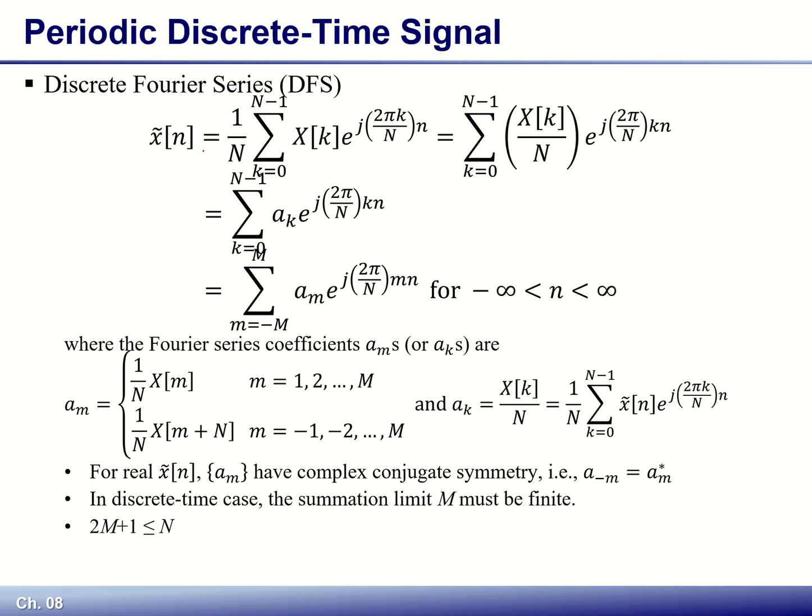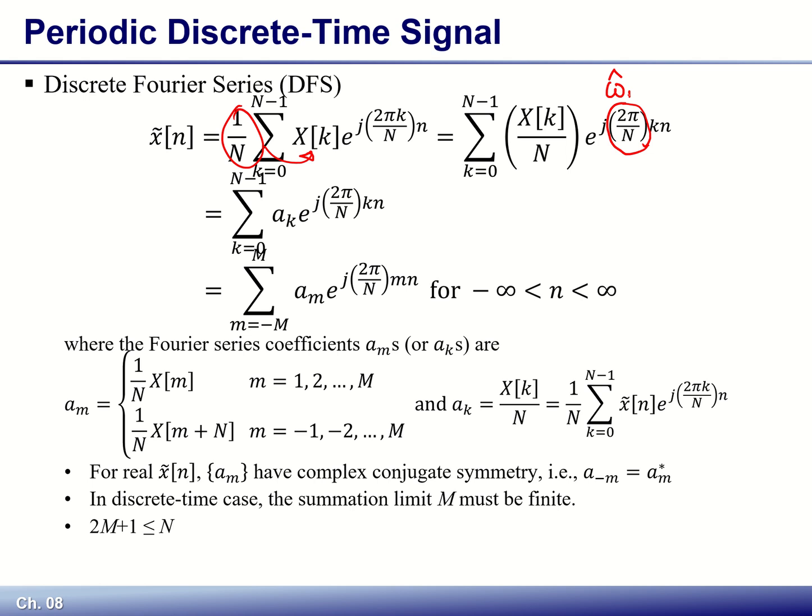So x tilde [n] is 1 over N sigma X[k] exponential j 2 pi k n over N. When we put this in here, X[k] over N, and we pull out the k, then it is something omega 0 hat or omega 1 hat.